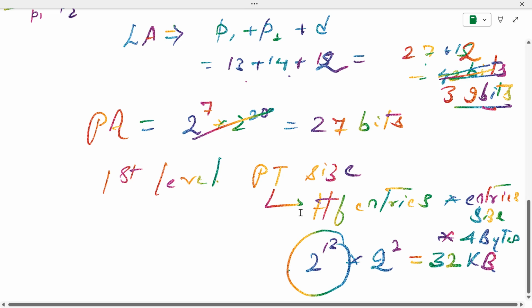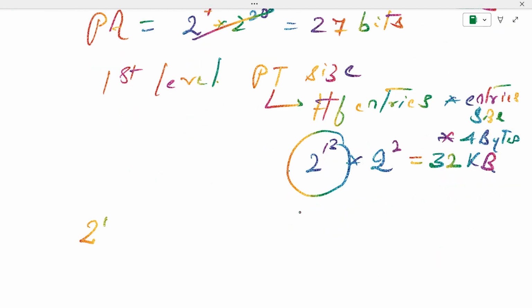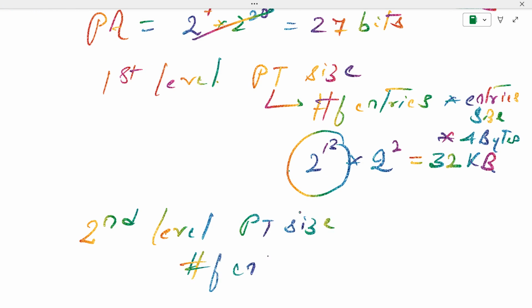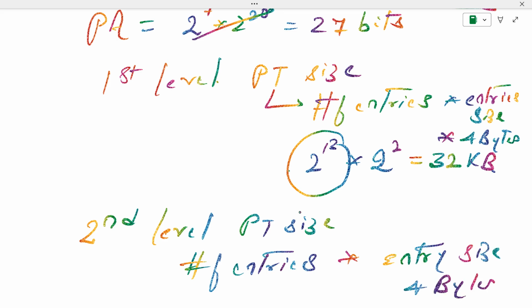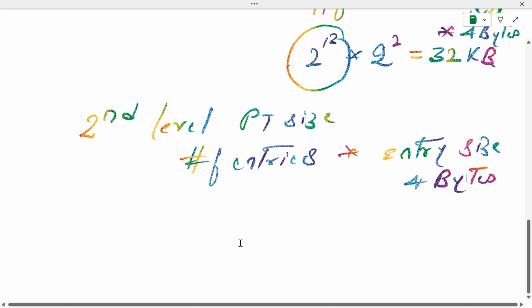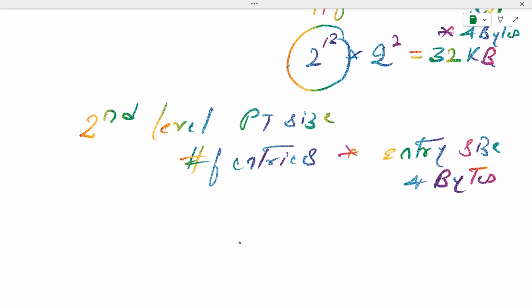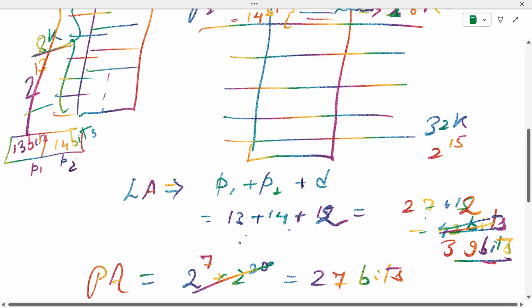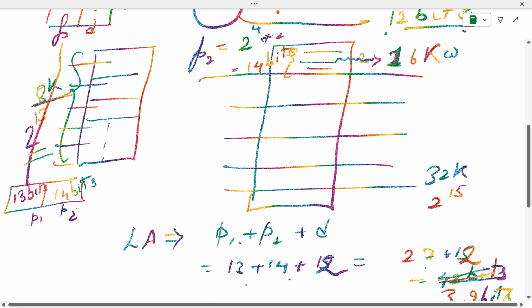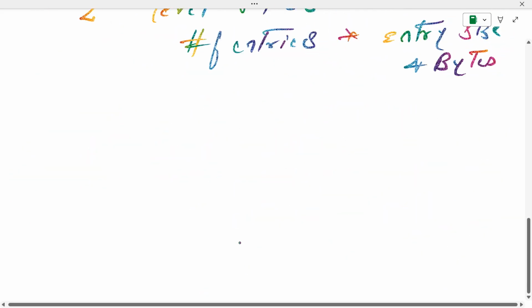Right? Now, what is the second level page table size? The second level page table size is also the number of entries into the entry size, right? Now the entry size is fixed, that is 4 bytes. The number of entries in the second level page table is determined by the page offset. Let me represent it here.